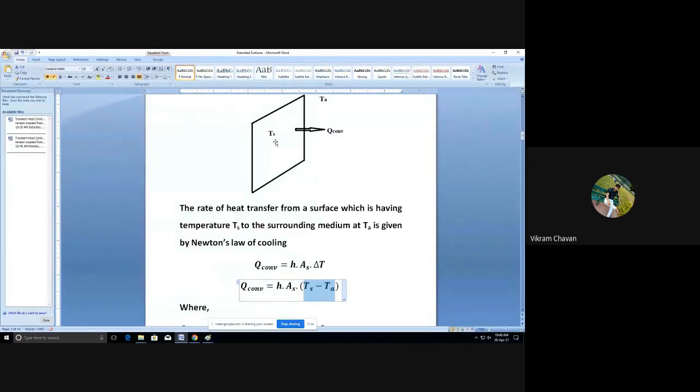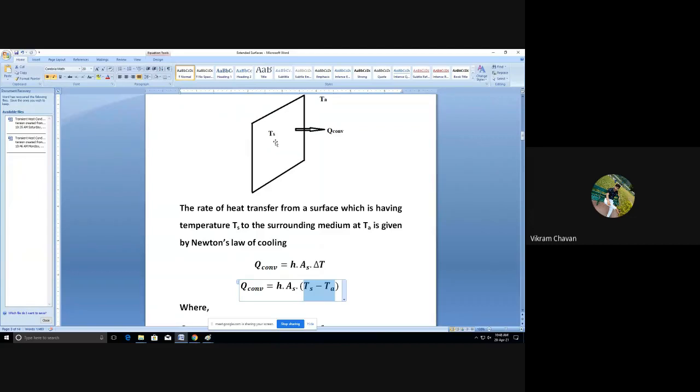But if you increase the surface temperature, it will be harmful for that particular product to perform its proper functions. Let us say you have a computer or laptop and you want to increase the heat transfer rate.